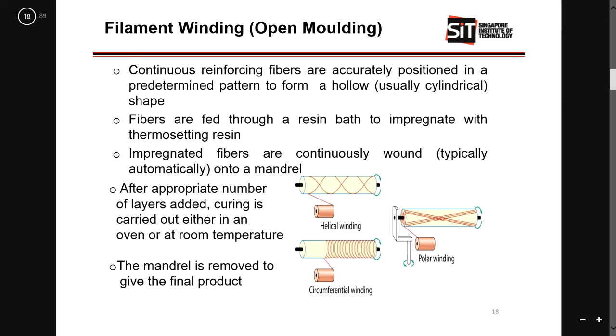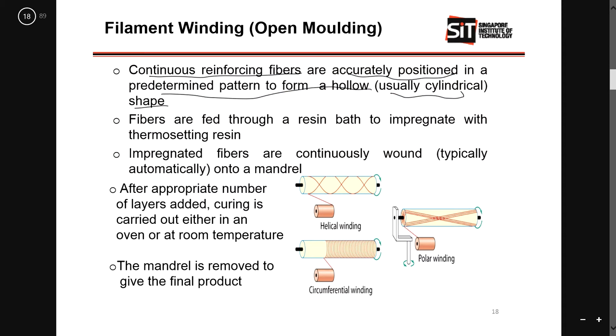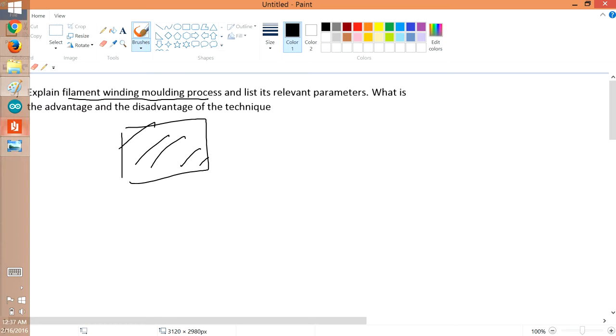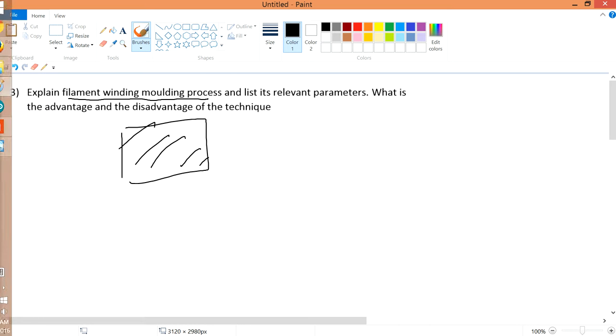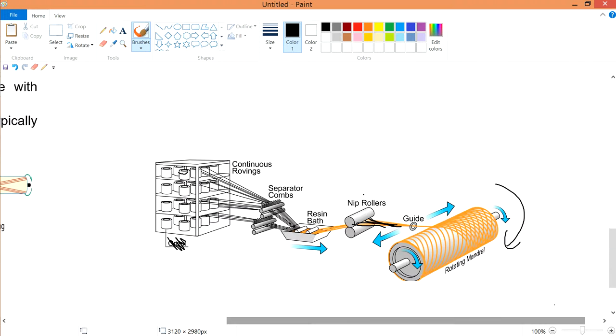Okay, so the continuous reinforcing fibers are accurately positioned in a predetermined pattern to form a hollow, usually cylindrical shape. I think it's kind of pure memorizing, but after you understand the process, actually you can just write in terms of the process.